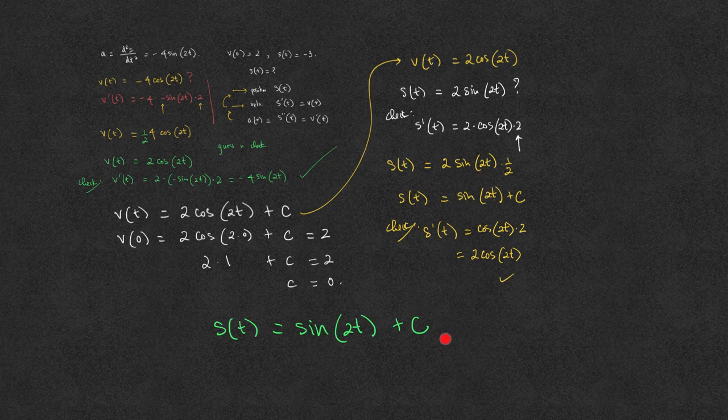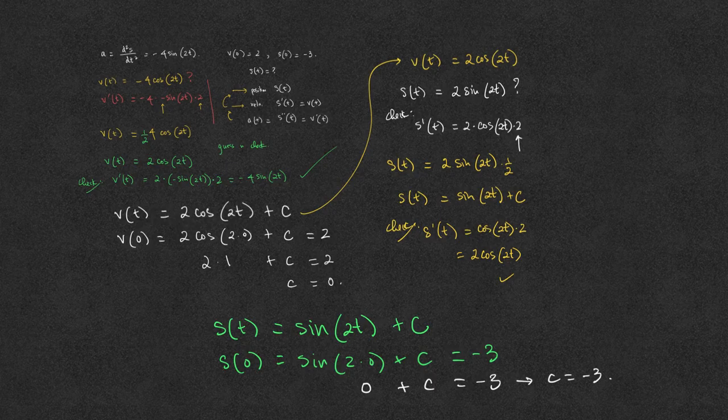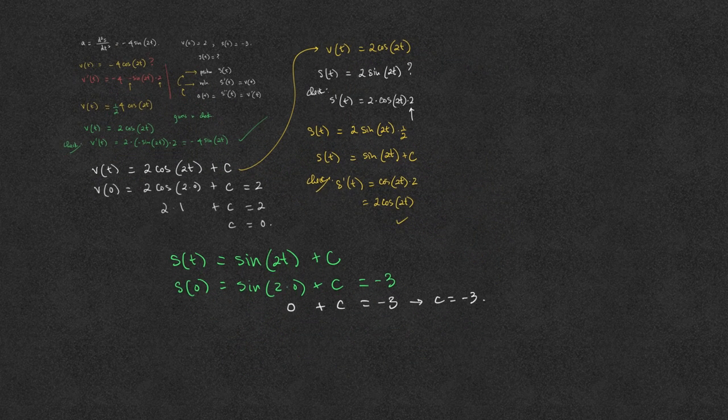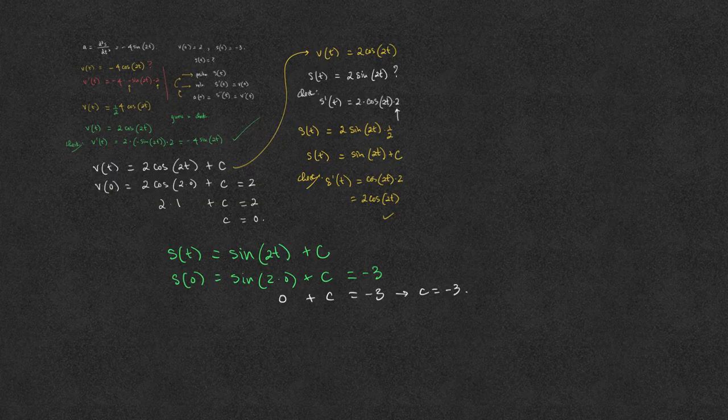We still need to find c, but to find c, we use the initial condition s of 0 equals negative 3. We plug in 0 for t, everything else is the same. This should give us negative 3. Sine of 0 is 0 plus c equals negative 3, and so c equals negative 3. The particular solution we're looking for, the position function, is s of t equals sine of 2t minus 3.